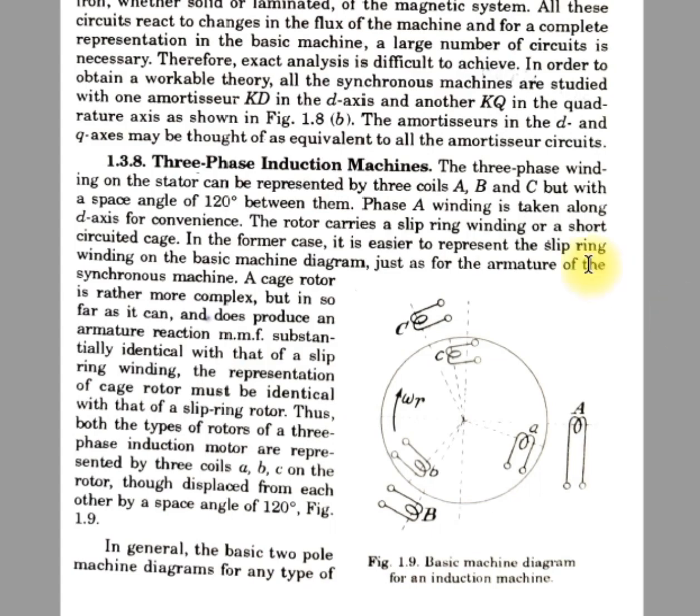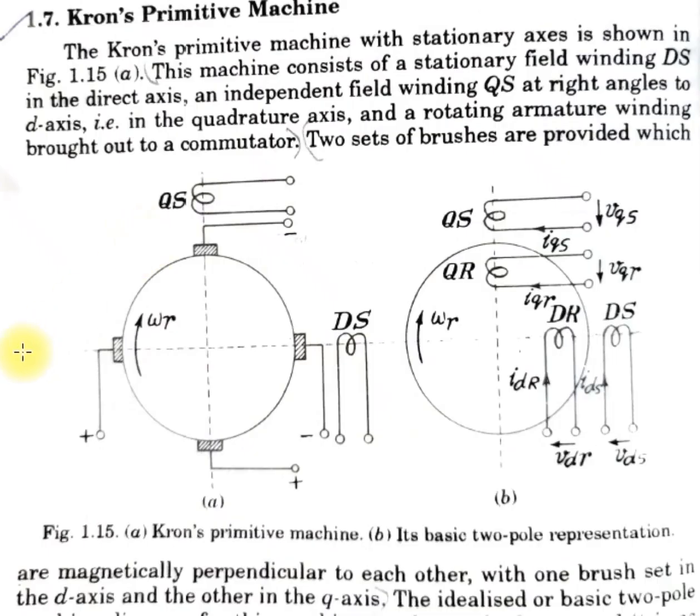Next we'll move to Kron's primitive machine. In Kron's primitive machine, as you can see in this figure, we have DS and QS, which are nothing but the field winding on the direct axis and the field winding on the quadrature axis.